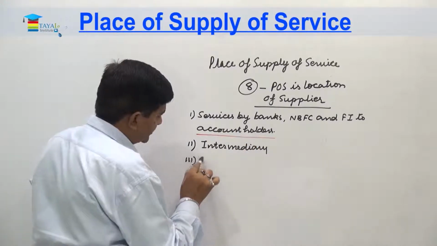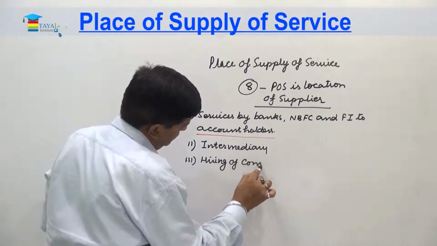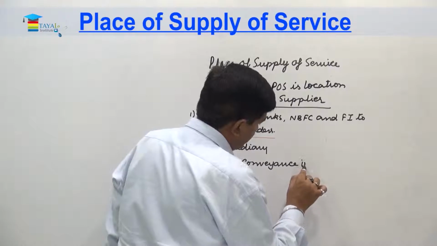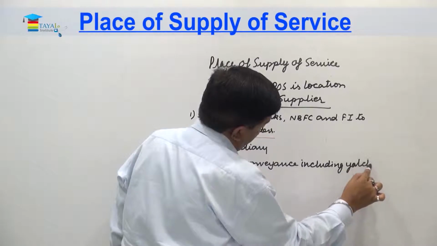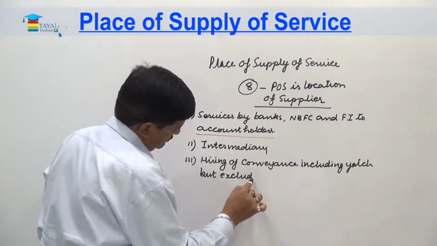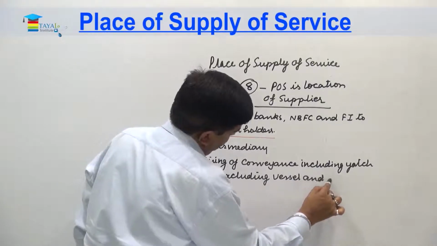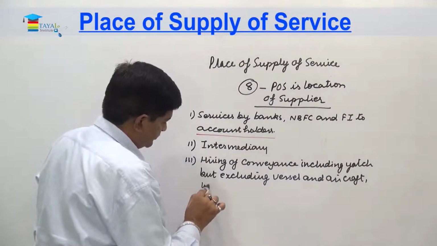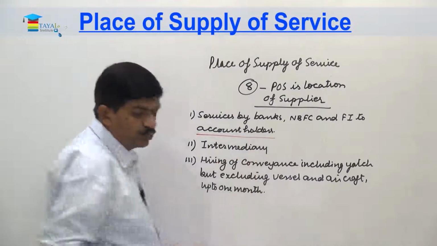Number 3, this is hiring of conveyance, including yacht, but excluding vessel and aircraft, and this is up to 1 month period.